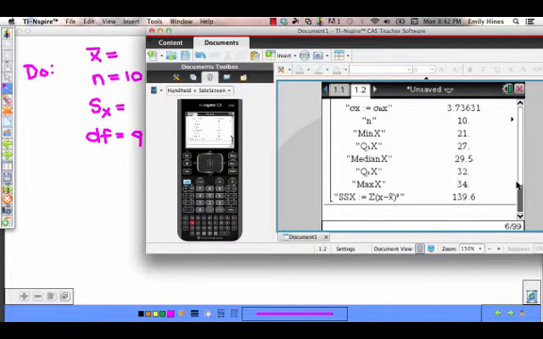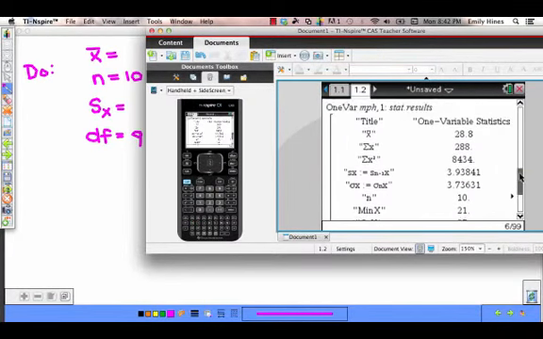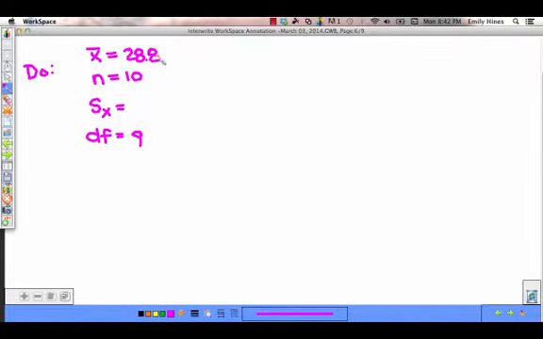My average is 28.8 and my standard deviation is 3.94.